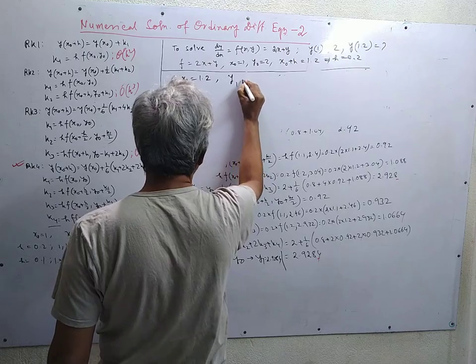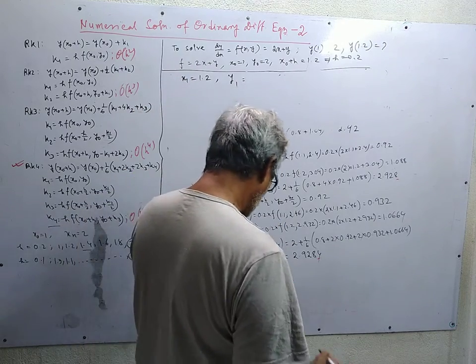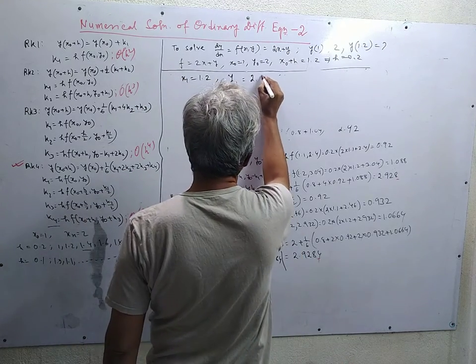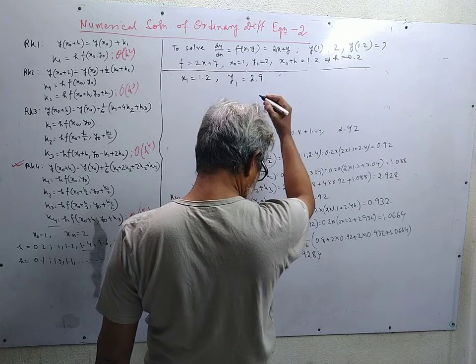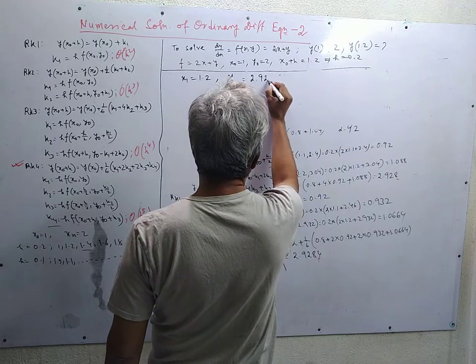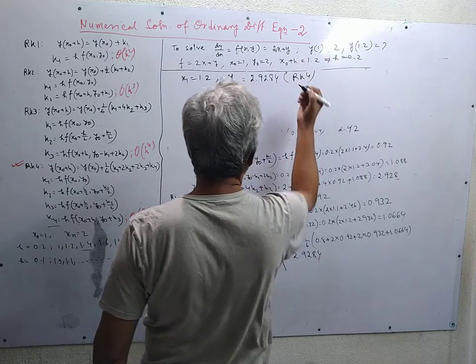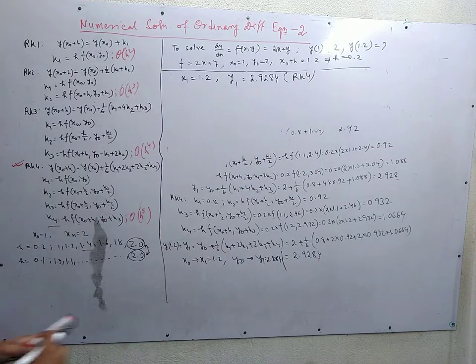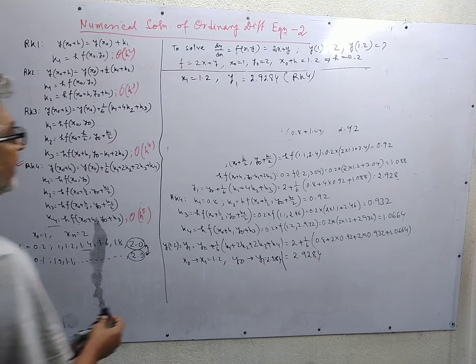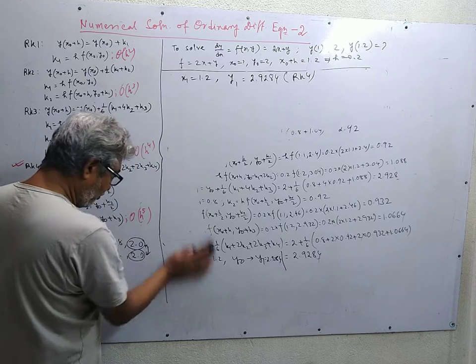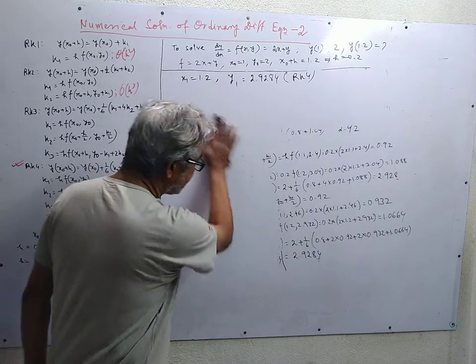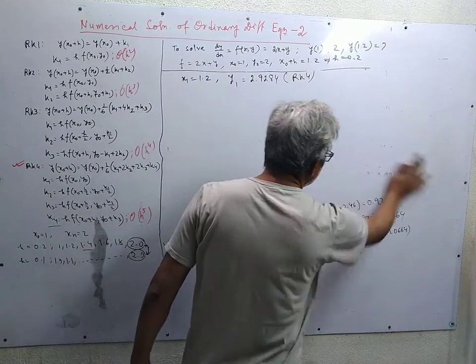The corresponding y1 is 2.9284 as obtained using the RK4 method. Now we want to extend this to find the value of y at x equal to 1.4 or 1.6 like this.